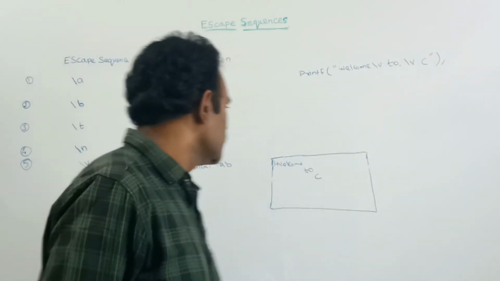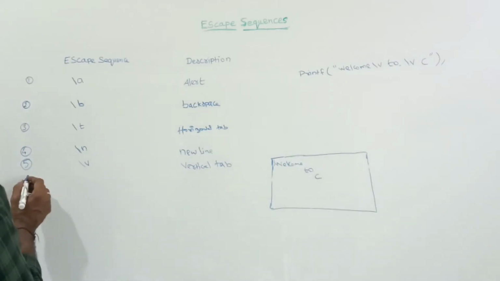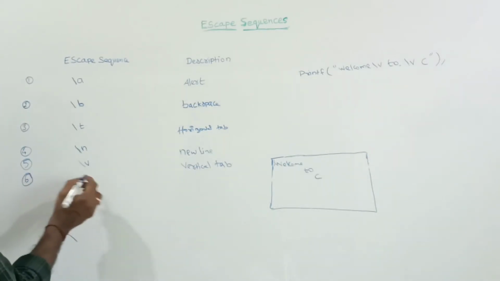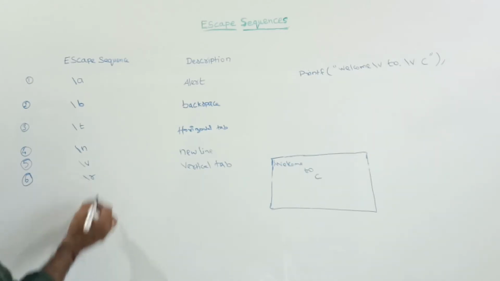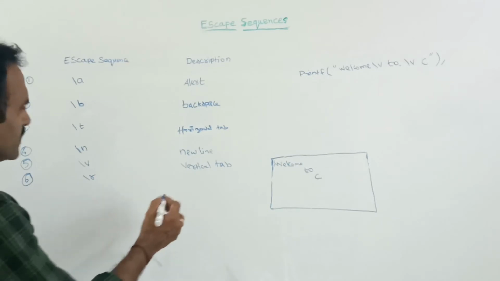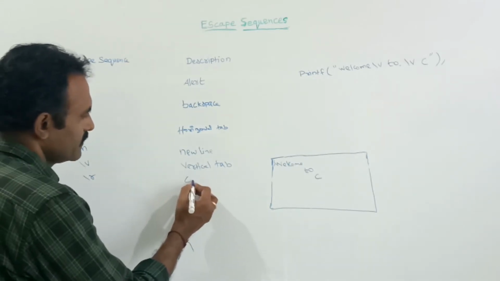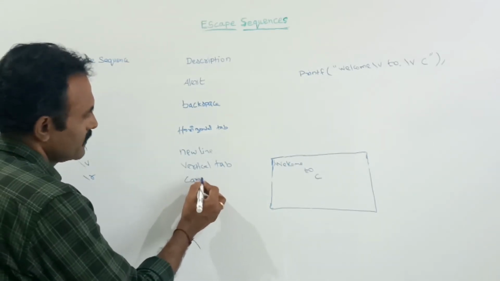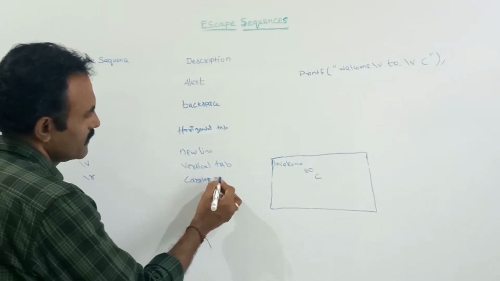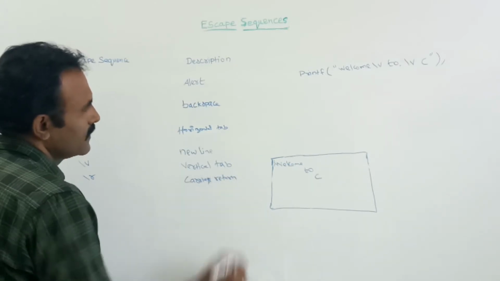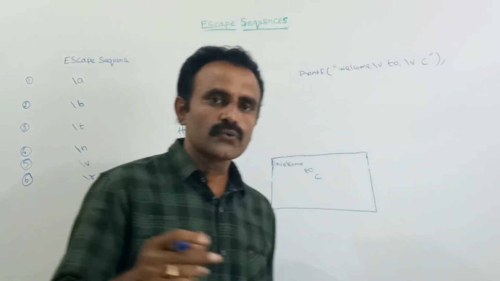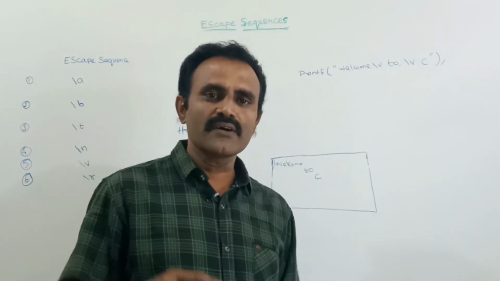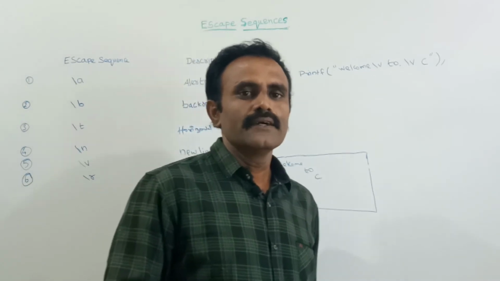Next one, the sixth one, \r. \r is known as carriage return. That is, it is used to move the cursor to the very first position of the current line.